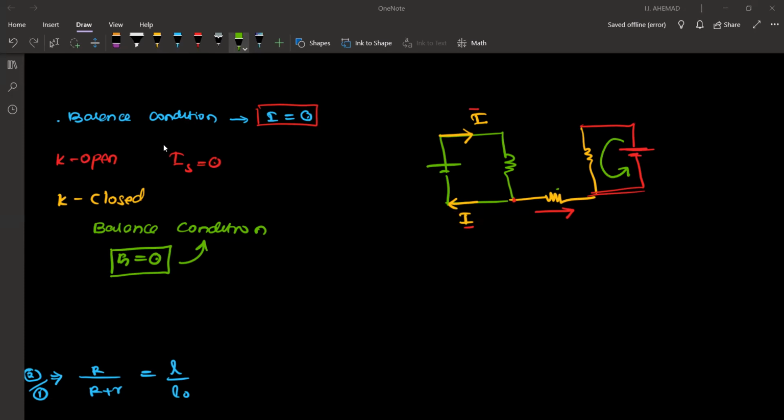Now, why is there no current flow? Because there is no path for the current to come. And another condition also will be satisfied. The voltage here and the voltage here will be equal. Let's say the voltage here is V1. Here also it's V1.